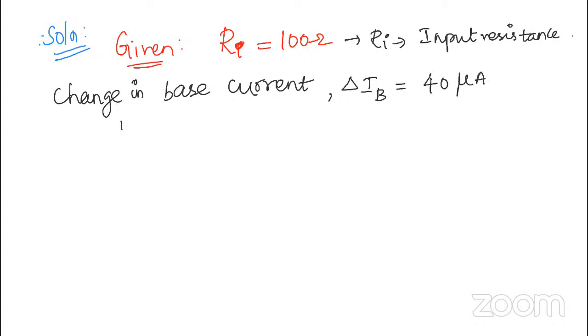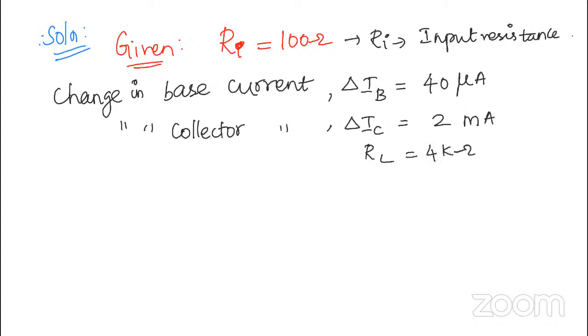Then the change in collector current, delta IC, is equal to 2 milliampere. Then load resistance RL is 4 kilo ohms, which we can also write as 4 into 10 power of 3 ohms. RL is our load resistance. So now all the values are written.